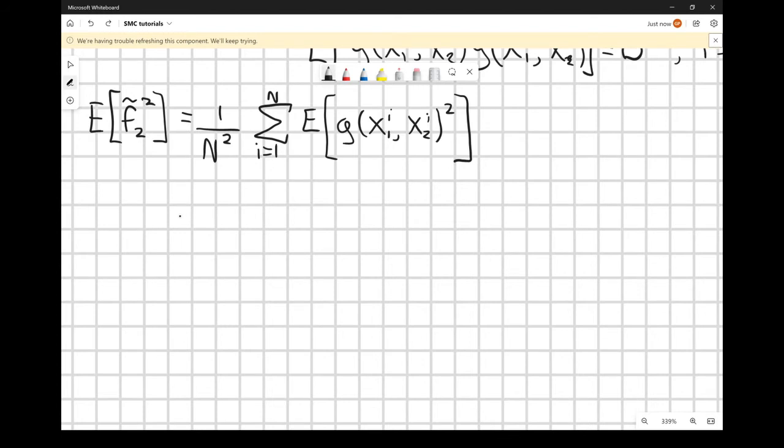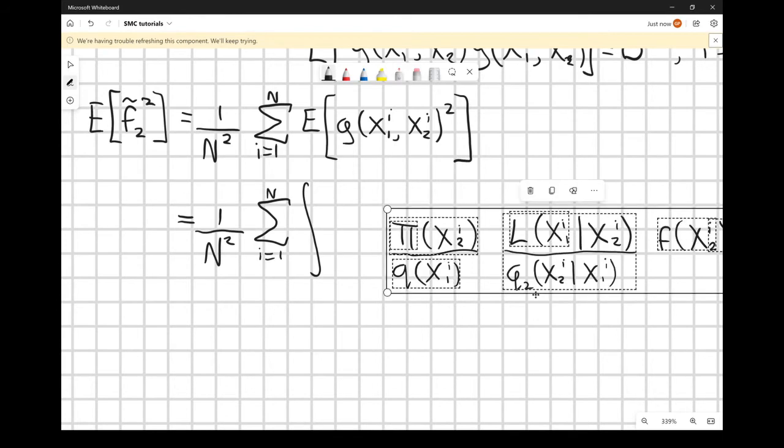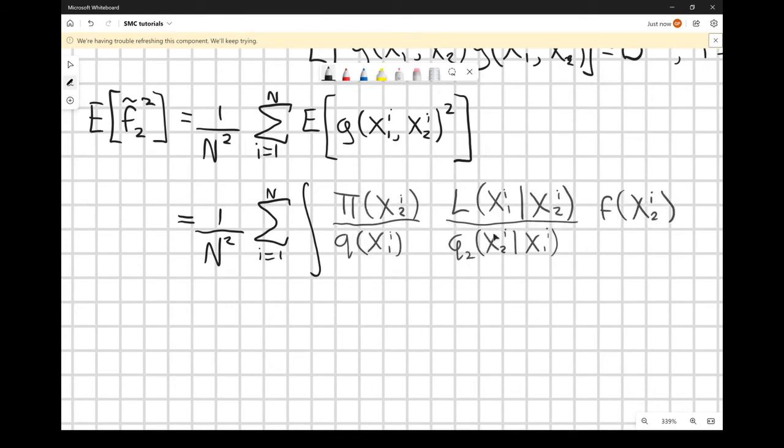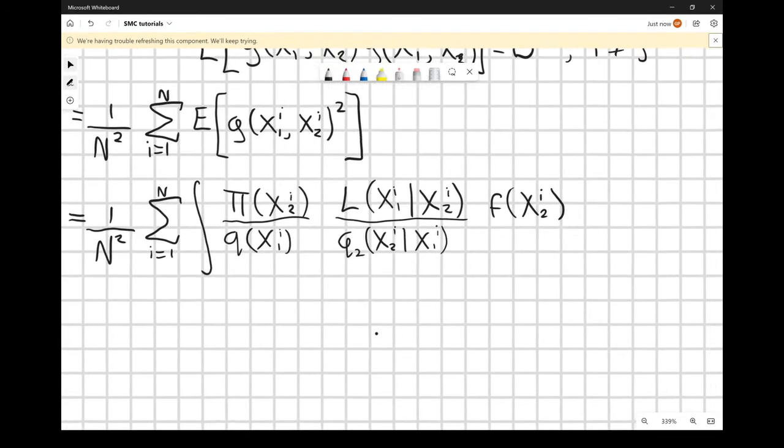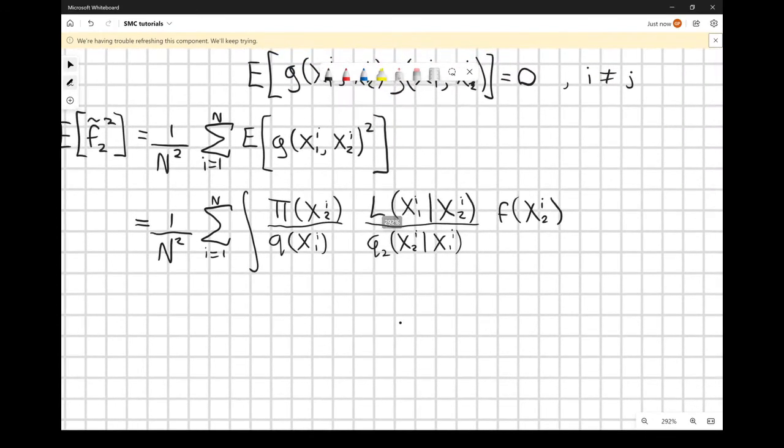So now we can write this as still 1 over n squared, and the summation over our n samples. Now expected value is going to be an integral, and at this point we're going to substitute in our definition of g, which is here, and it's g squared.